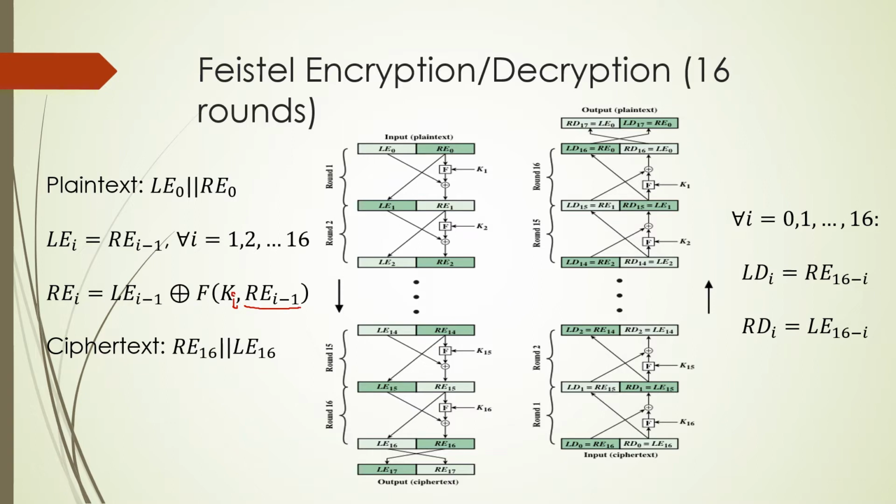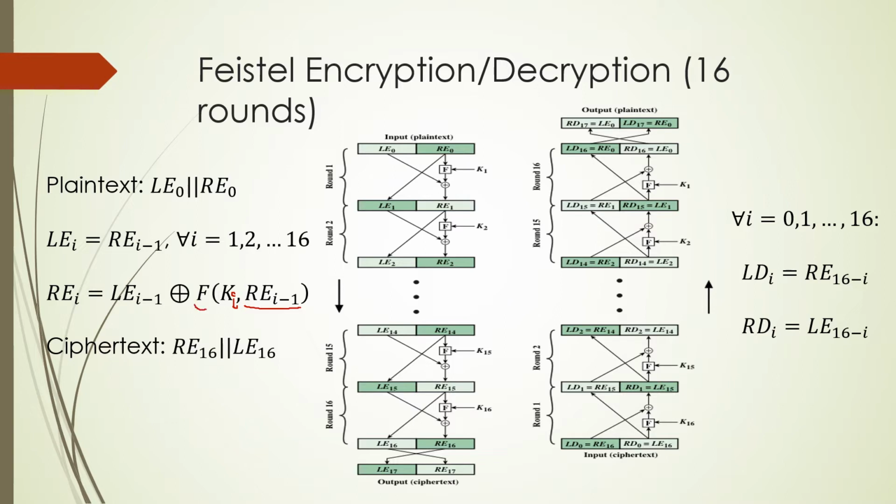I'll show you an example of how to implement Feistel using the AES. But for now, just think of Ki as a subkey, which can be derived deterministically from the actual key.